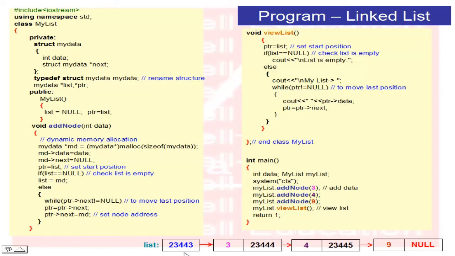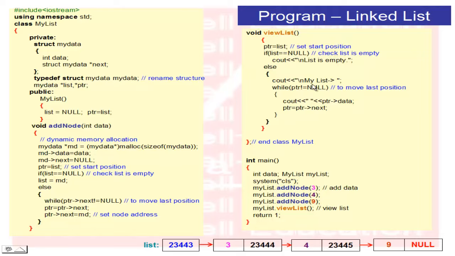Okay, now the view list. View list is very simple. First we assign the pointer ptr to the list address, the start position, and check if list equals null, so the message is that the list is empty. If list is not equal to null, we come here.